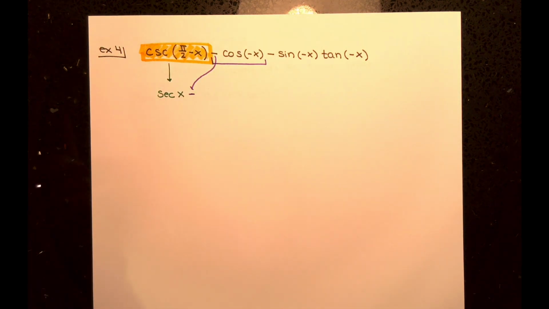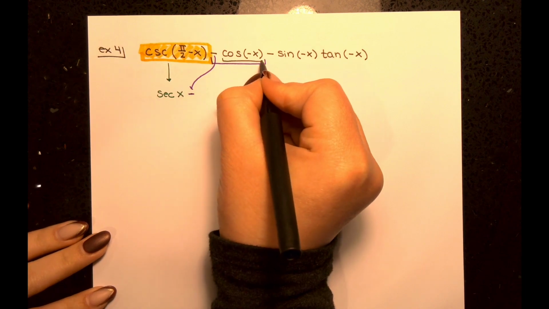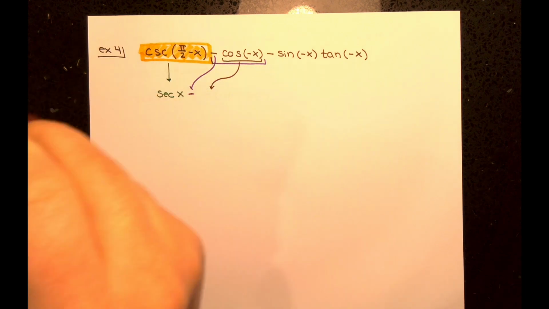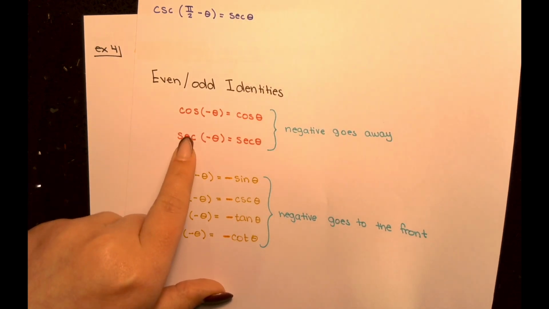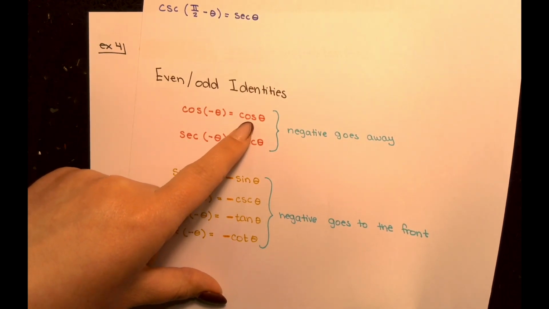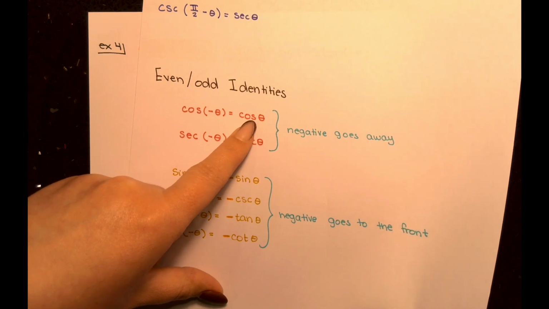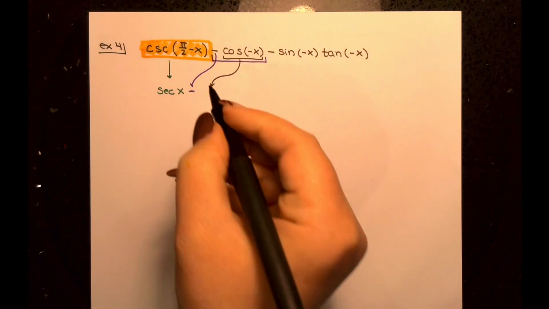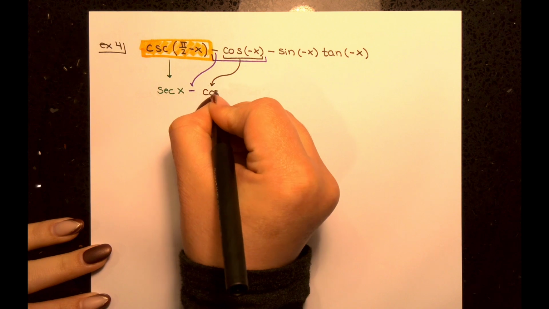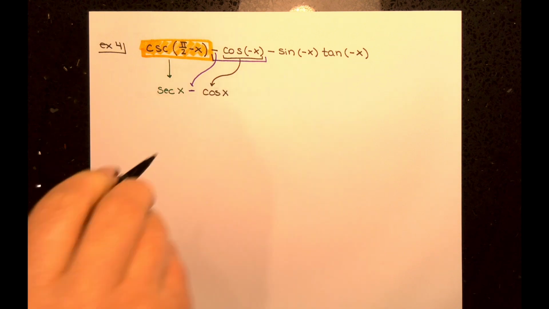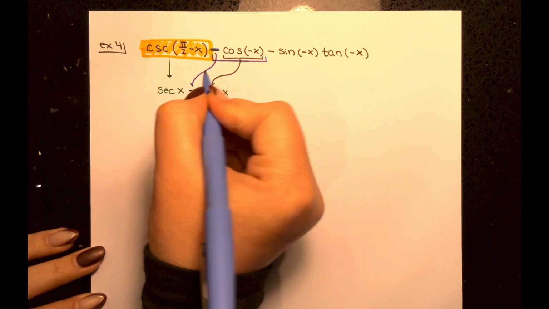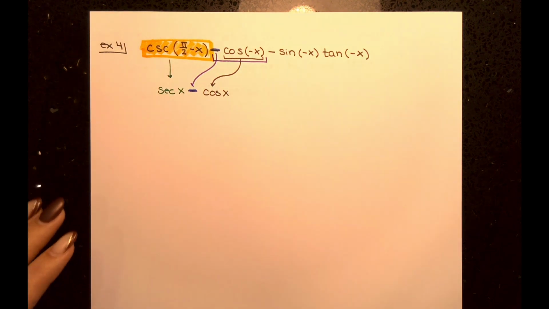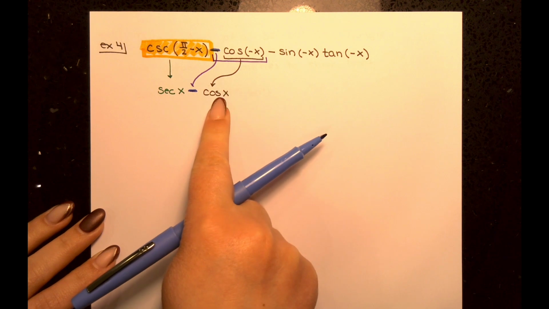Then I'm going to evaluate the cosine of negative x. Now, cosine is one of two, along with secant, that absorbs that negative. The negative does not come out. So this becomes cosine of just x. This negative is this negative. Okay? The negative inside disappeared.